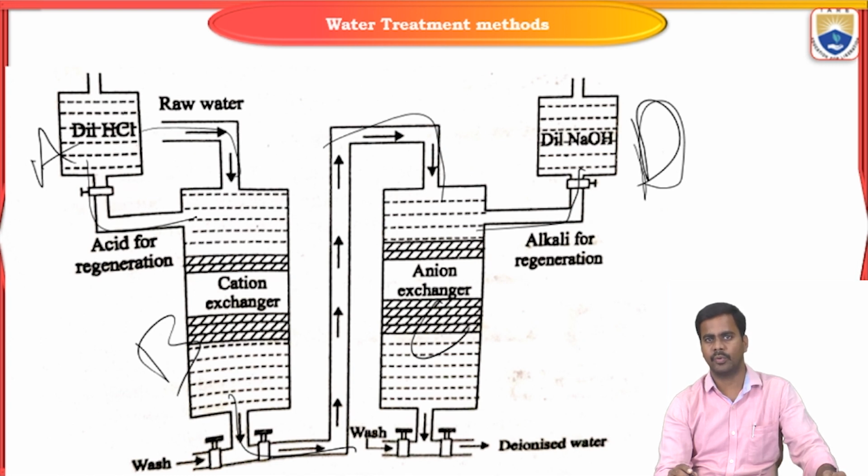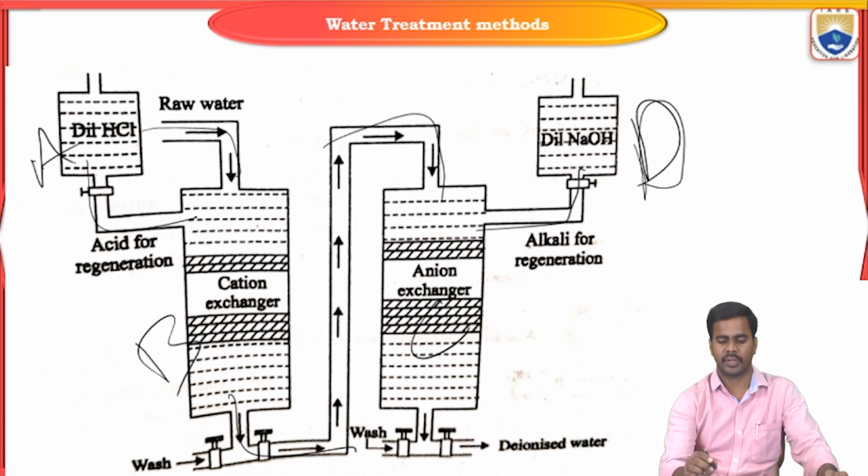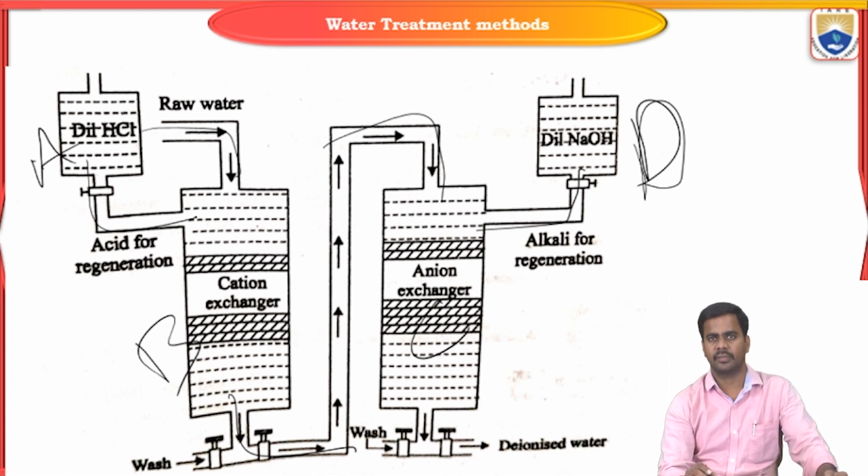So we are going to remove both cations and anions of the hardness producing salts. Okay, so first we have to pass hard water through the inlet which is provided at the top of the cationic exchange tank B.